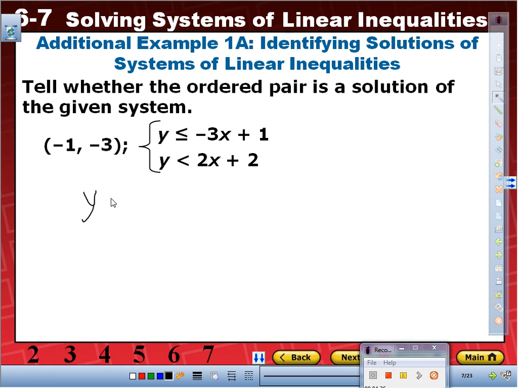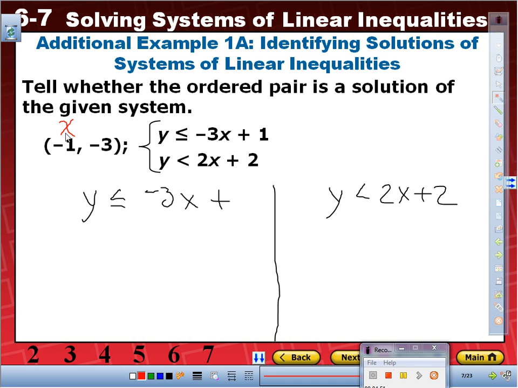I'm going to write y less than or equal to -3x plus 1, and right here the other one, y less than 2x plus 2. I'm going to check both of them using these values. What is my x? -1. What is my y? -3. So now I just need to substitute in here. What is y? Negative 3. What is x?